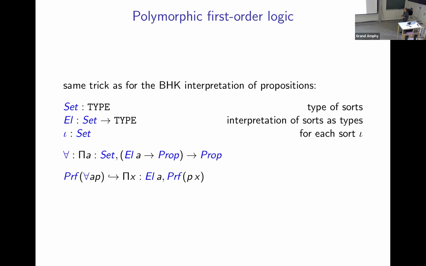The idea is to do what we have done for propositions and proofs, also on sorts and sets to some extent, because we want to be able to quantify on many different sorts.